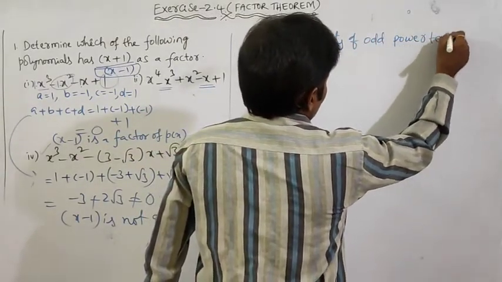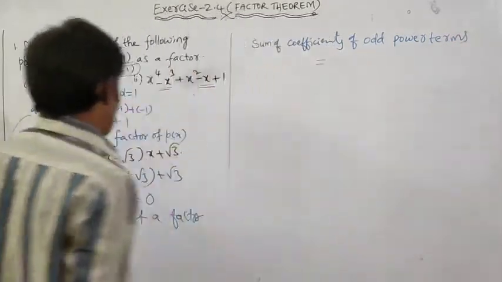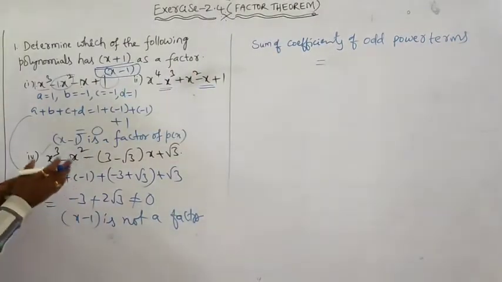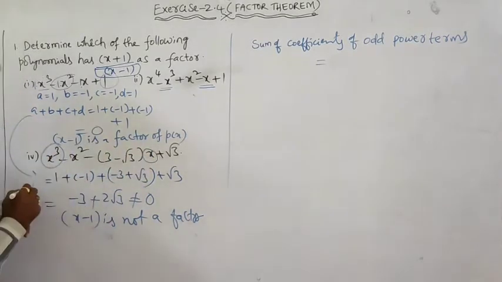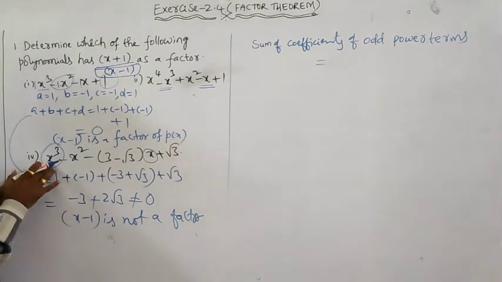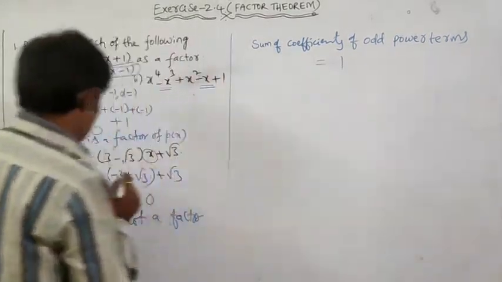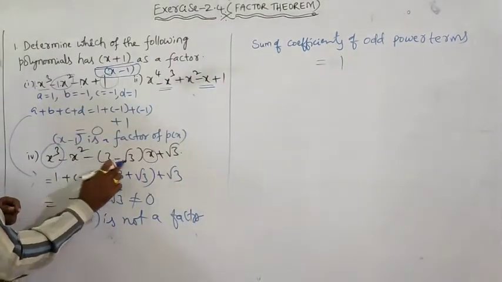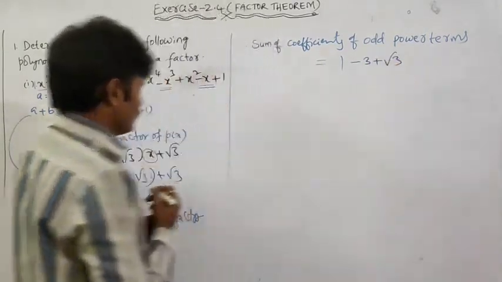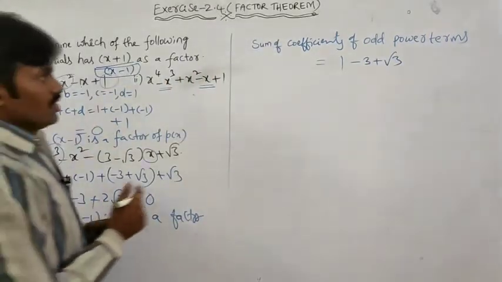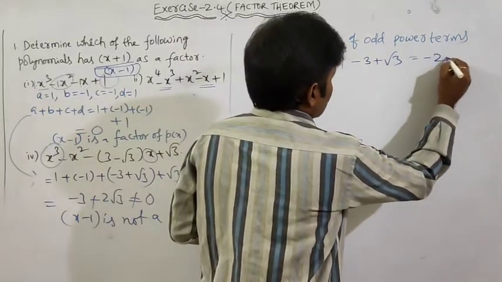What are the odd power terms? x cube and x. What is the coefficient of x cube? 1, plus what is the coefficient of x? Minus of 3 minus root 3. So it becomes minus 3 plus root 3. Am I correct? Now their sum is how much? Minus 2 plus root 3.